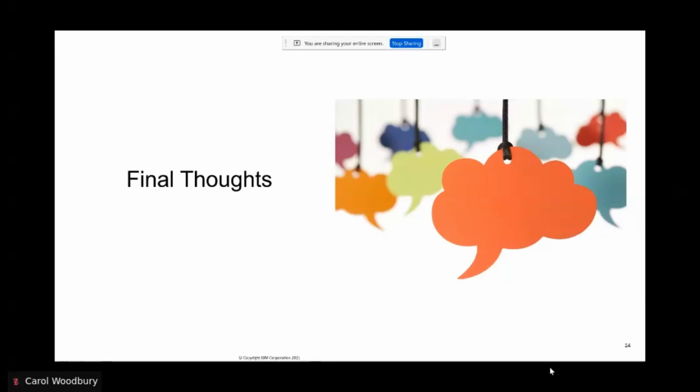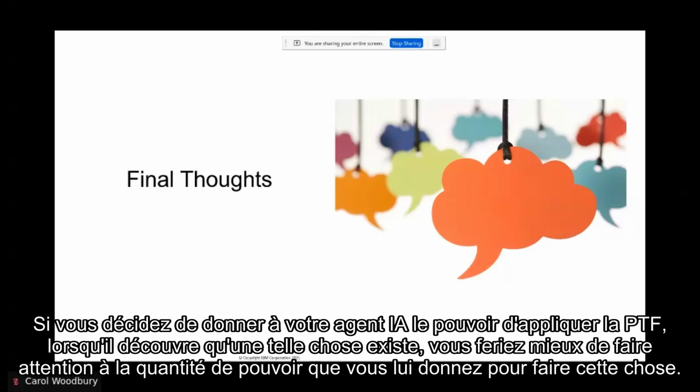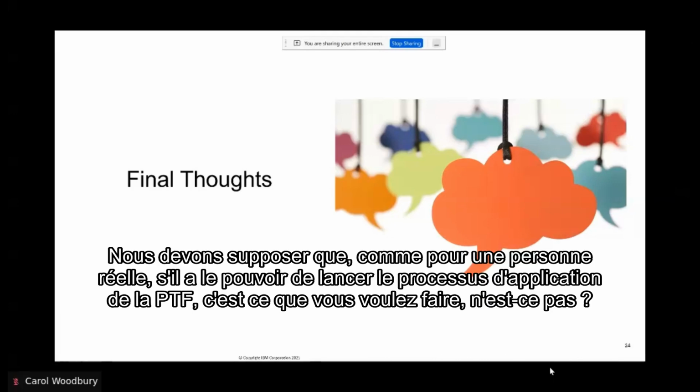If you decide to give your AI agent the authority to apply the PTF when it finds out that there is such a thing, you better be careful about how much power you give it to do that thing. We have to assume that, like a real person, if it has the authority to start the PTF apply process, that's what you want to have done, right?